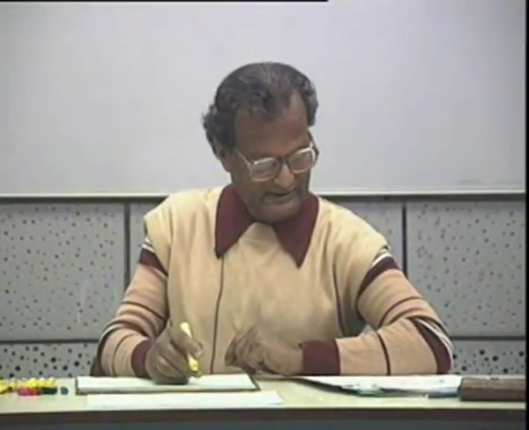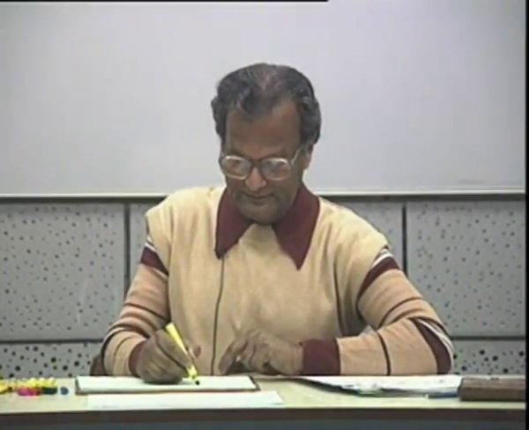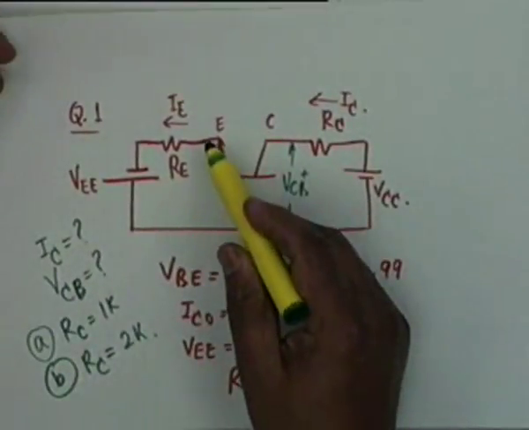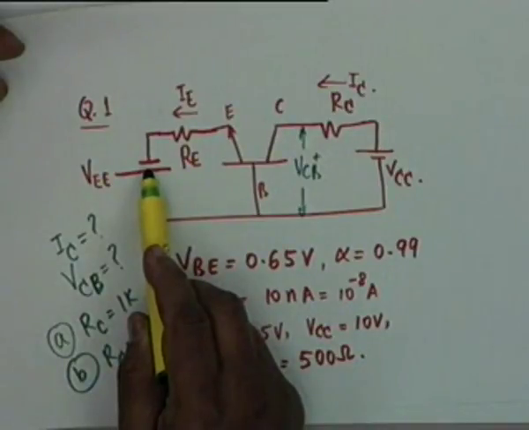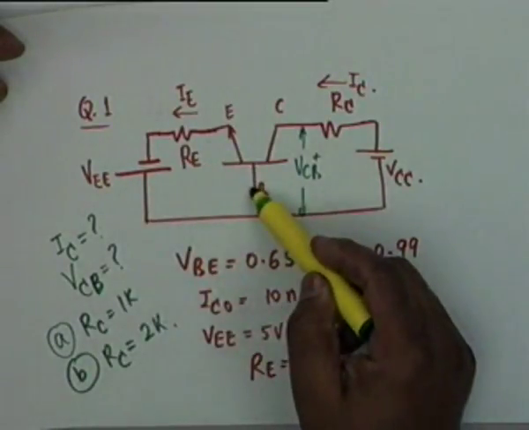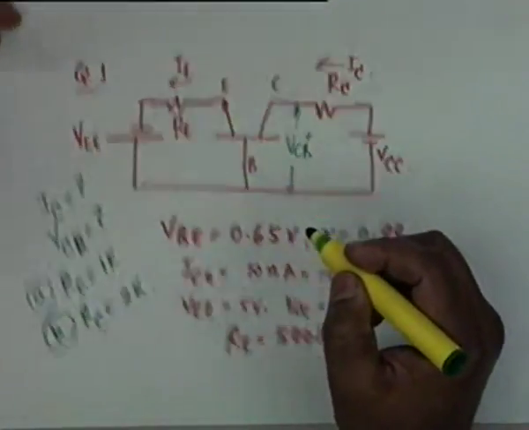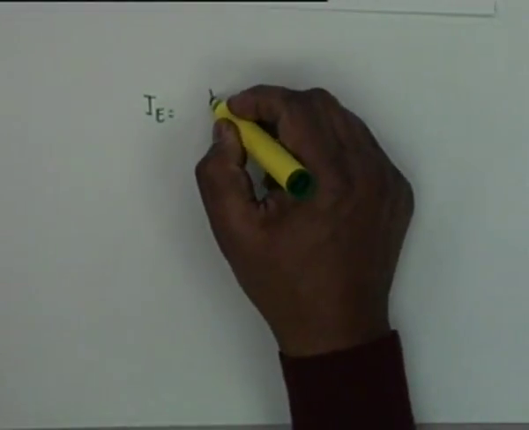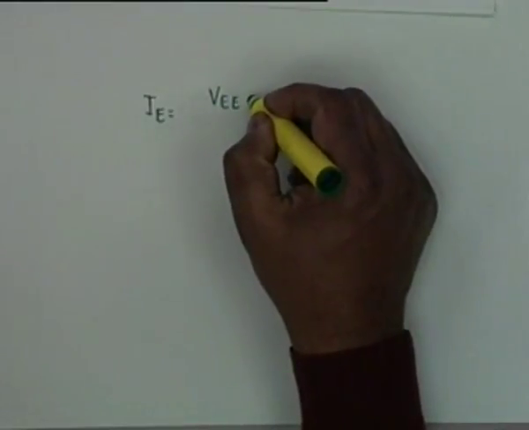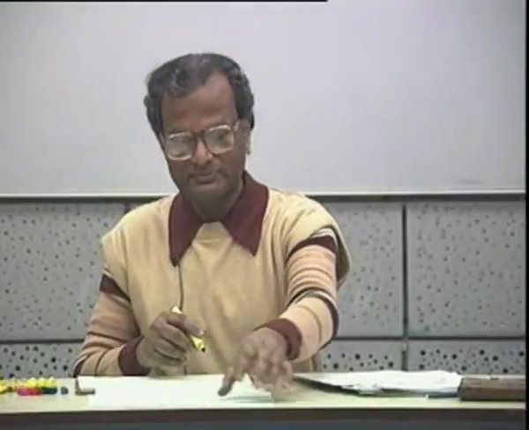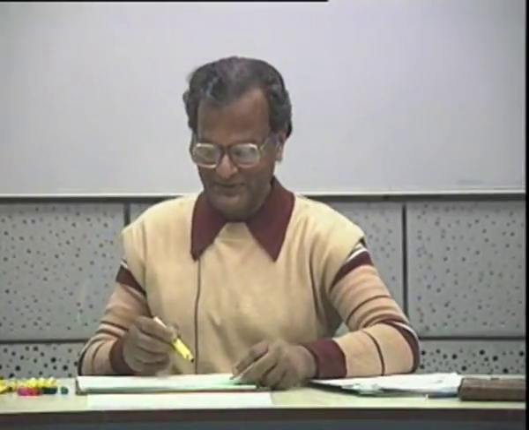First, you notice that I sub E, this current, you know this voltage and you know this drop, VBE, this is 0.65, and therefore I sub E is VEE minus this drop. I am sorry, I must show it here.